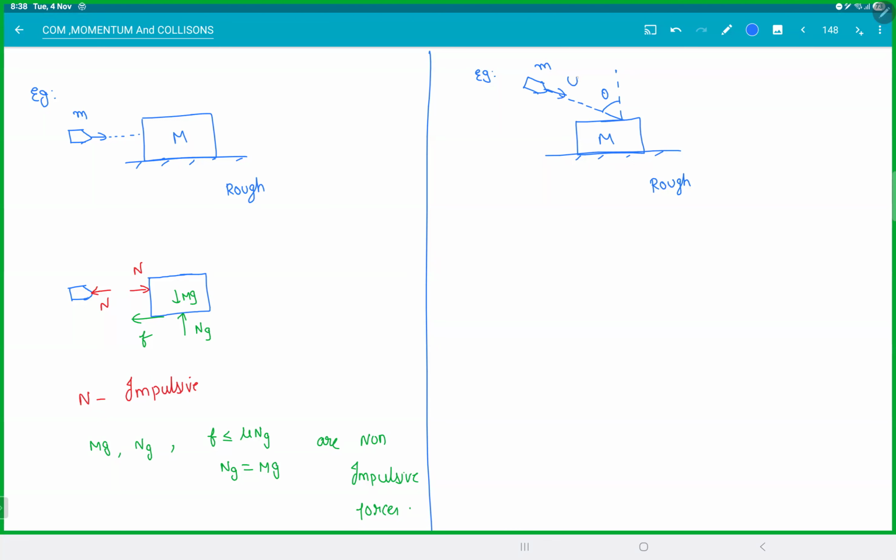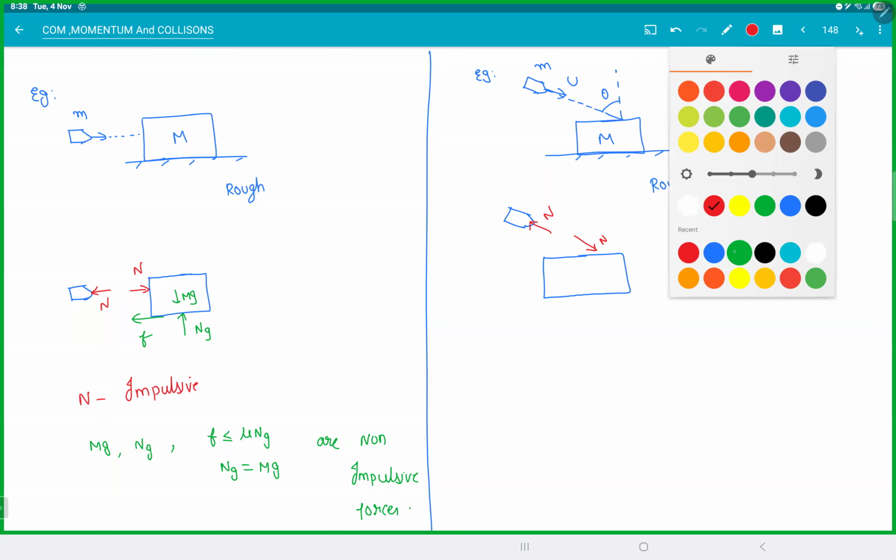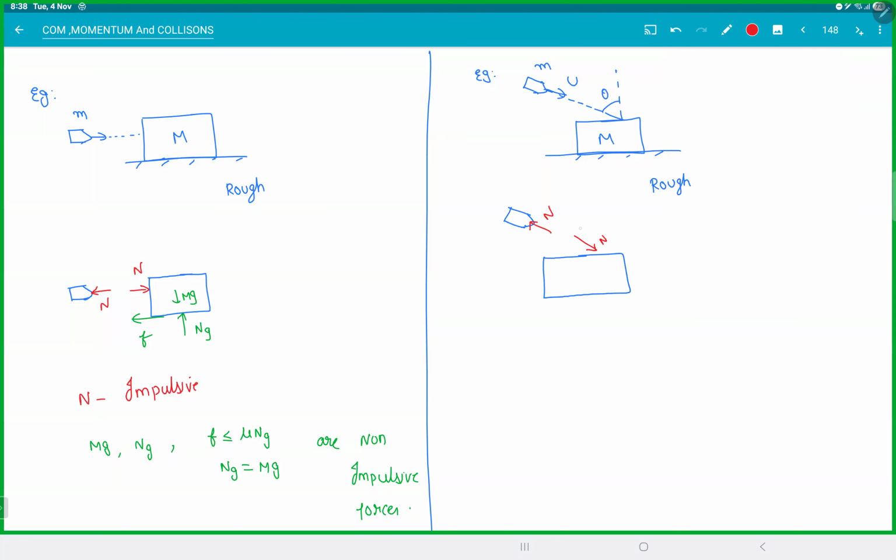Now, if you try to draw the forces, this bullet will push N like this. You will push the bullet back with N, right? And if I take this angle to be theta, your mg is there. Mg is never an impulsive force. Mg is always constant, right?